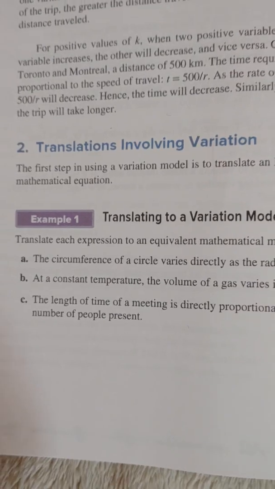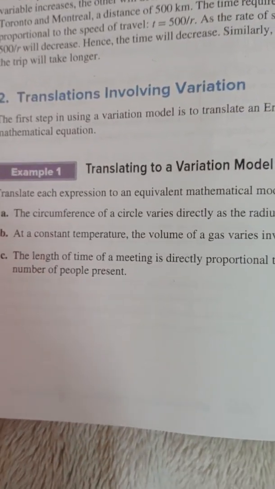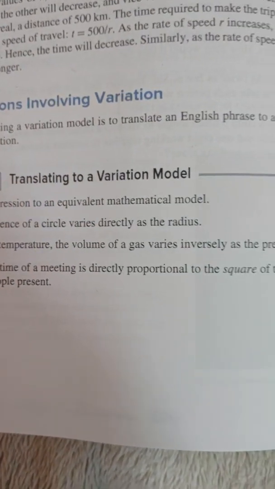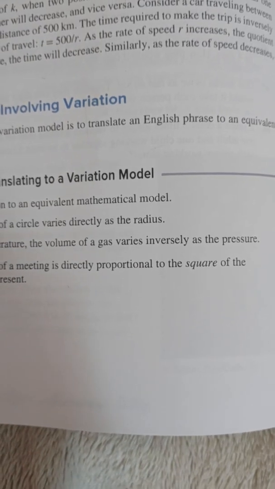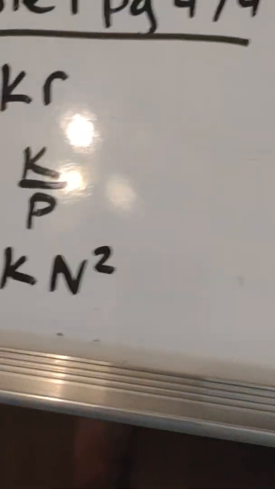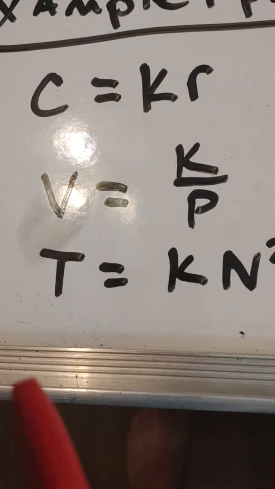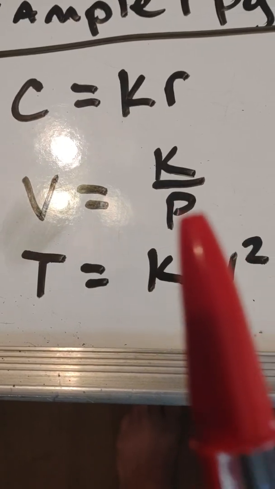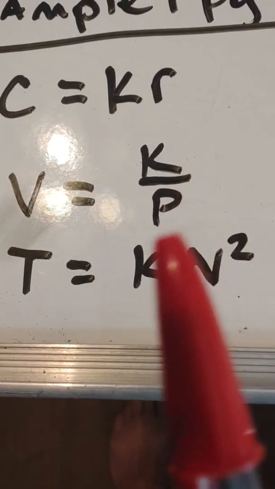Go to letter B. It tells us at a constant temperature, the volume of a gas varies inversely with pressure. So we have V for volume, inverse, P on the bottom, K on top.